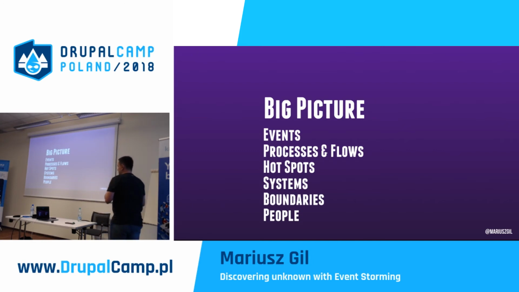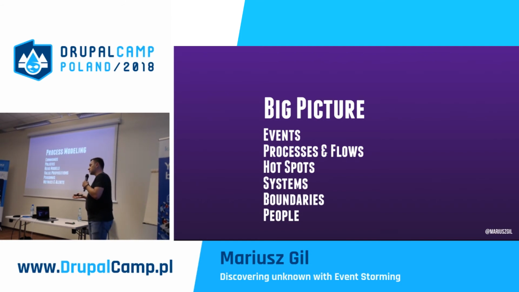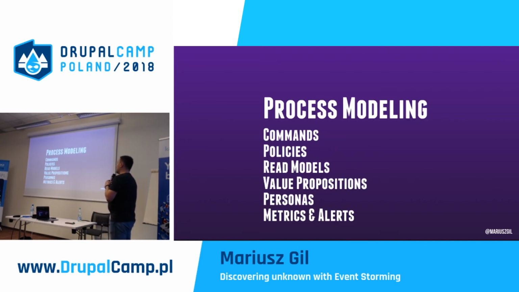And right now what we are doing is trying to extract every single element we found at the event storming session into a separated application and integrate the software using events. If you would like to go further, you can perform some process modeling using event storming with commands, policies, read models, personas.